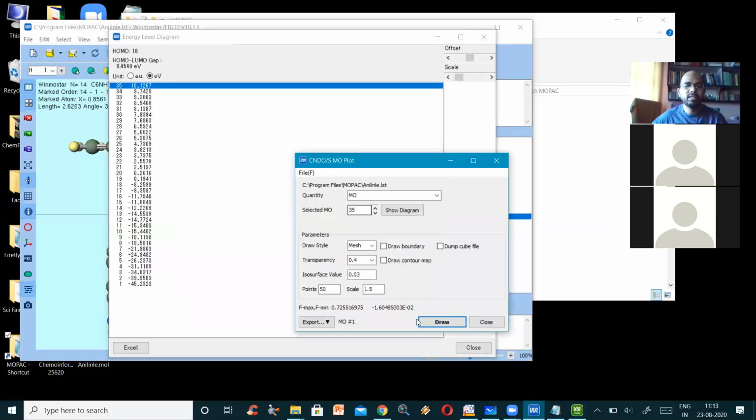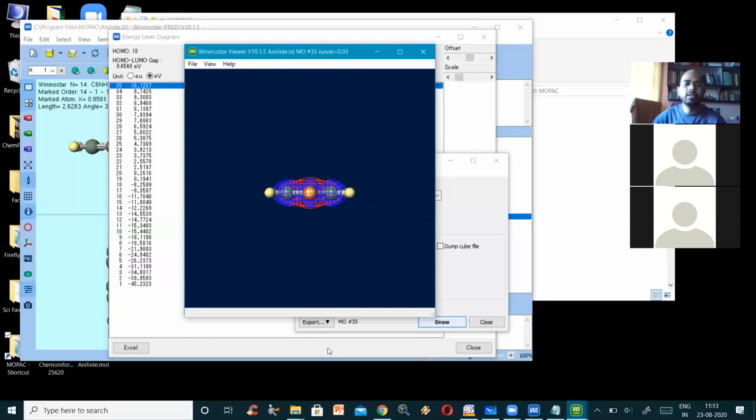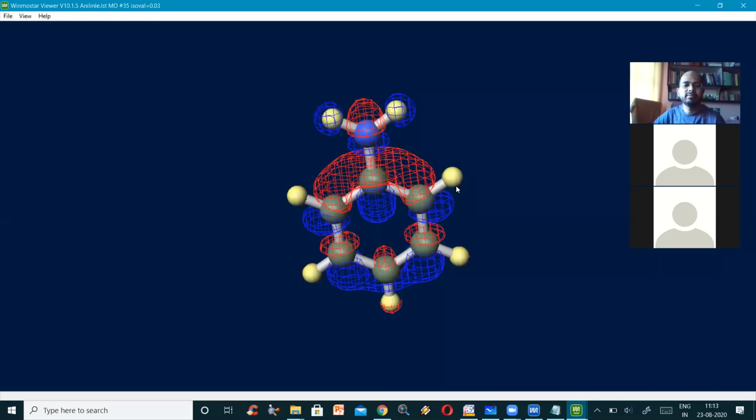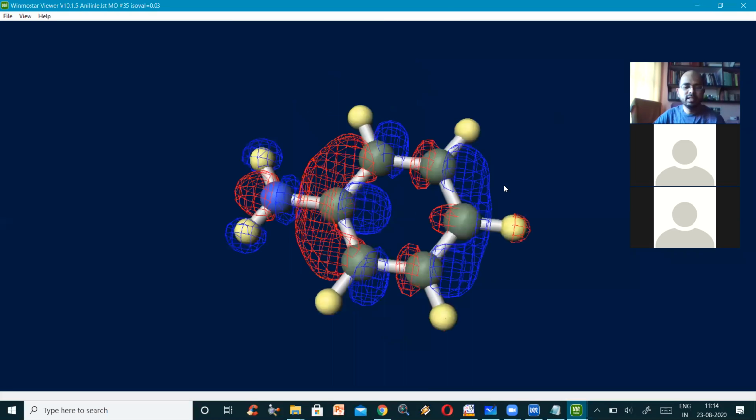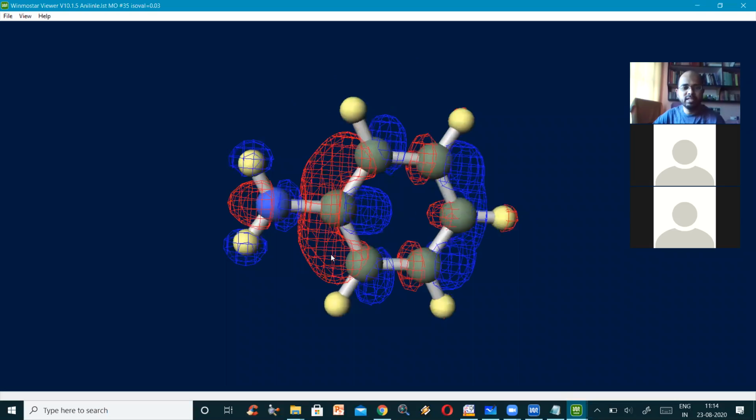I can go back to this and draw to the topmost orbital. Orbital visualization will give you the, I'll just take this orbital and explain. You can see the red portions are full of electrons, an electron-rich center. The carbon atom ends here, but the influence of this carbon atom goes up to this particular place.